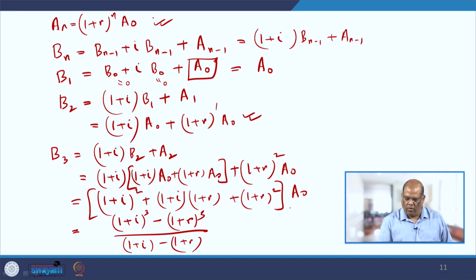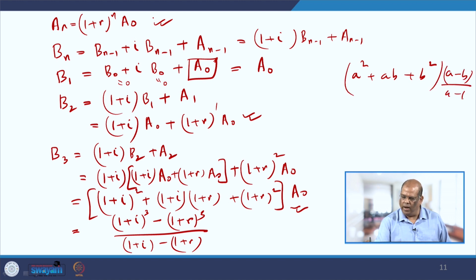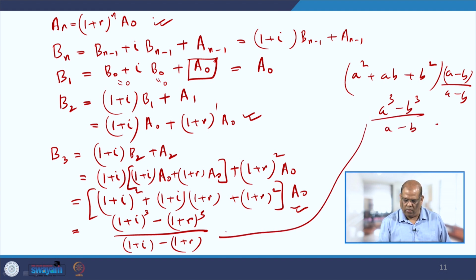So basically what you got here is something of the form a² plus ab plus b². If I multiply this by (a minus b), I will get (a³ minus b³) divided by (a minus b). So this is exactly what you got here.